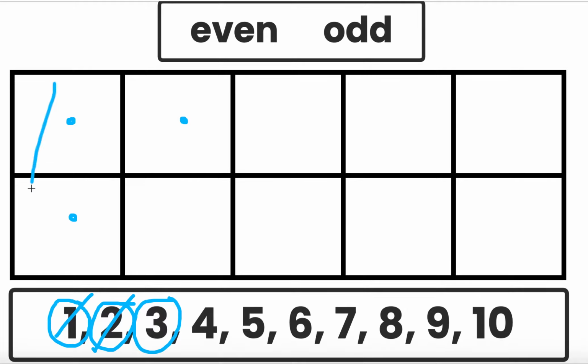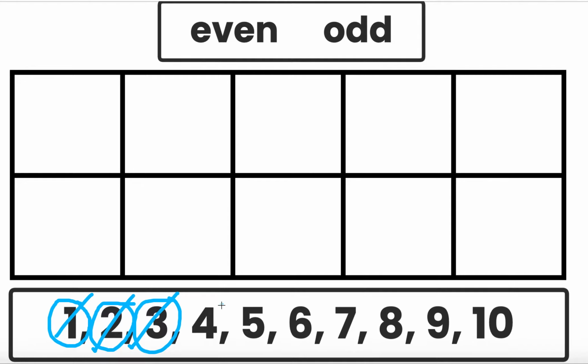Let's circle my 2's. I can't circle a group of 2 here because there's nothing left. There's an oddball out. It can't be divided into equal groups. Since there's an odd guy out, that means that the number 3 is odd. Let's see if I can continue to do the rest of my numbers.